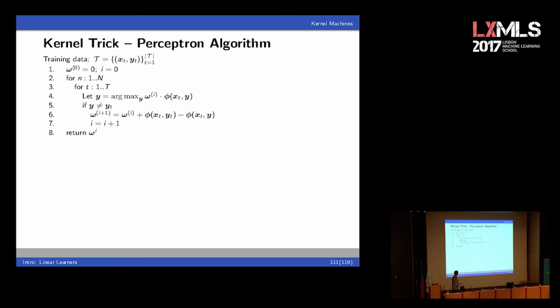So what we are basically doing in kernelizing this model is we try to get rid of the weight vector. We try to express the weight vector by comparisons between examples.